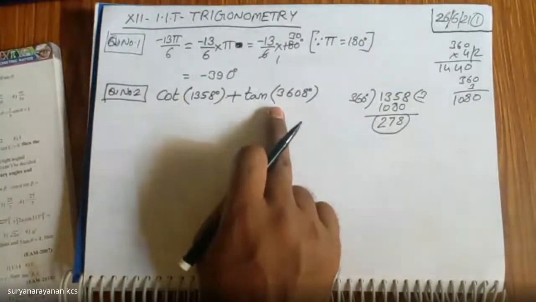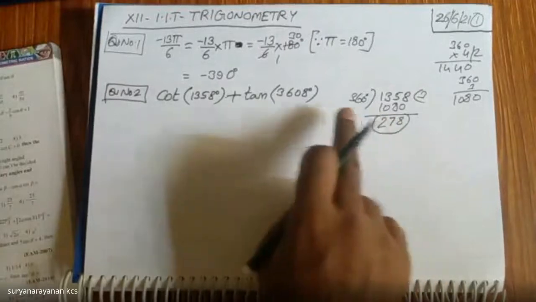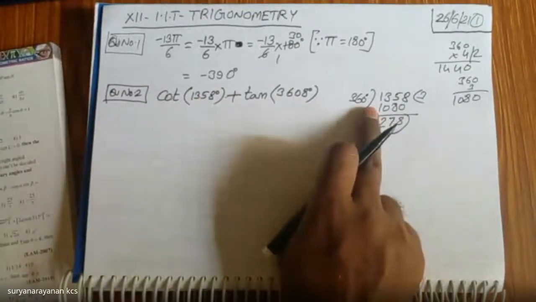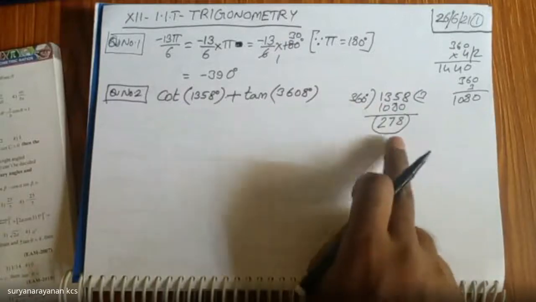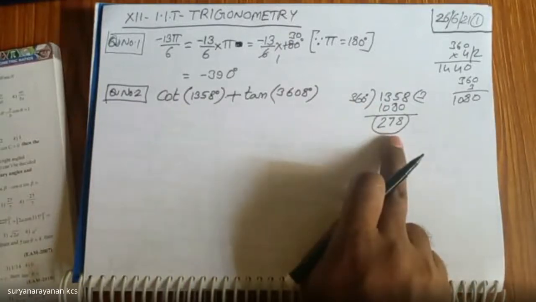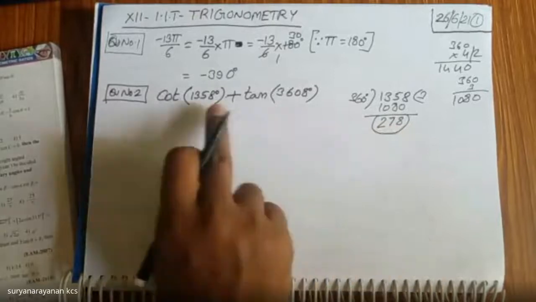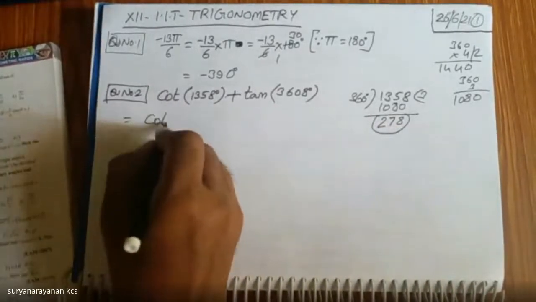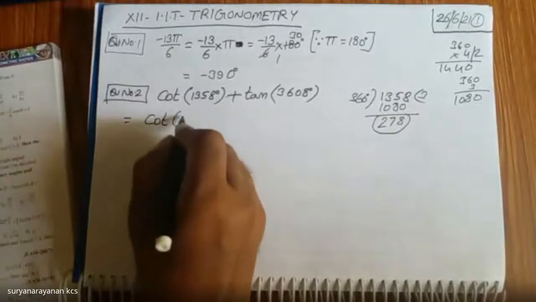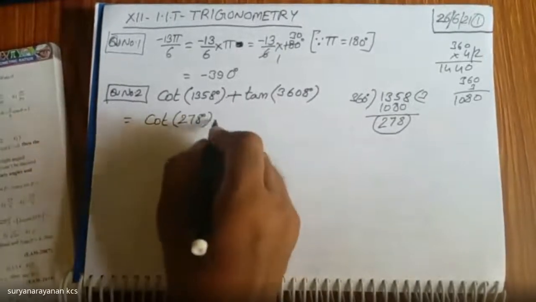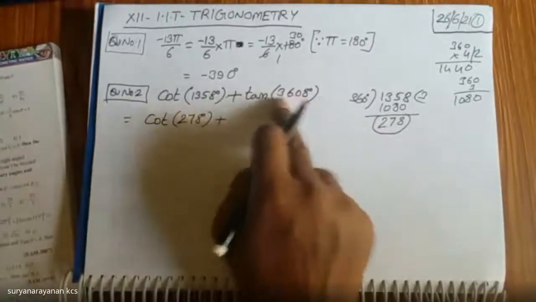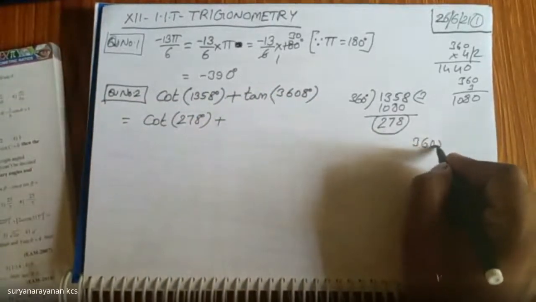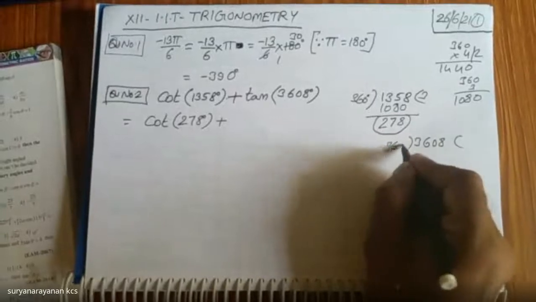First, divide this bigger angle by 360 degrees by long division. Whatever remainder you get, replace that bigger angle by this remainder. So we can write cot 278 degrees plus, here also divide 3608 by 360.